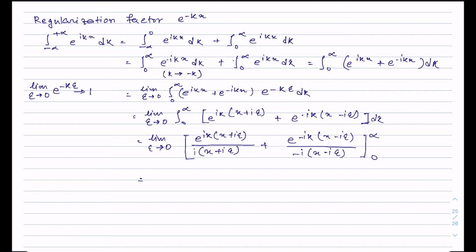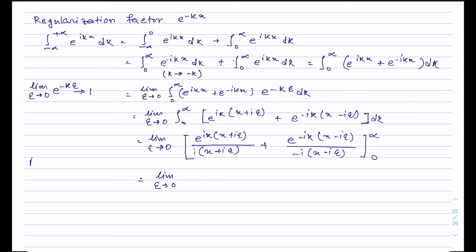Now we have to put in the lower and upper limit. So for the upper limit, if you put infinity, then you will find that for any epsilon greater than 0, e to the power minus k epsilon goes to 0 as k tends to infinity.